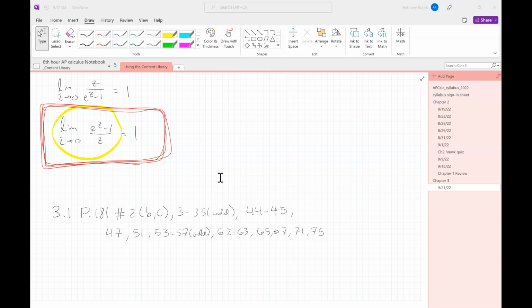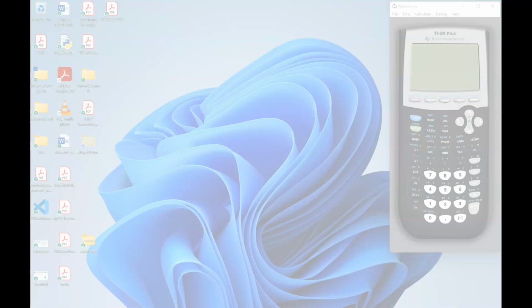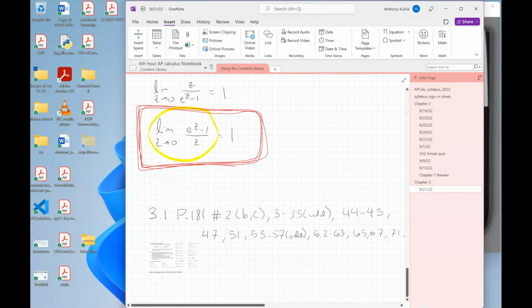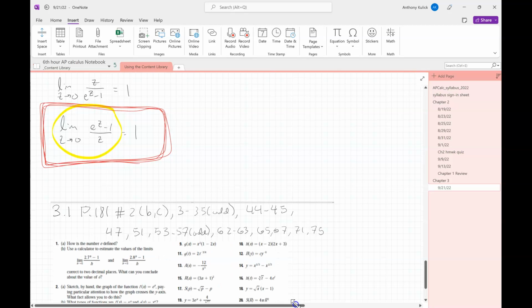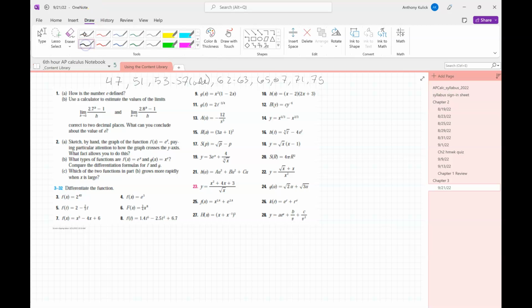Sounds like fun. Oops. Actually, oh boy. I don't know where this is going to pop in at. Oh, okay, good. That's a reasonable place to pop in. Whoop! All right, so let's just look at 3 through whatever. Because these are just take-the-derivative problems.